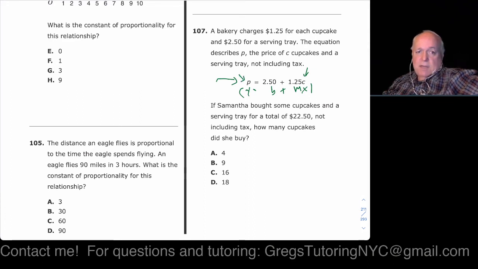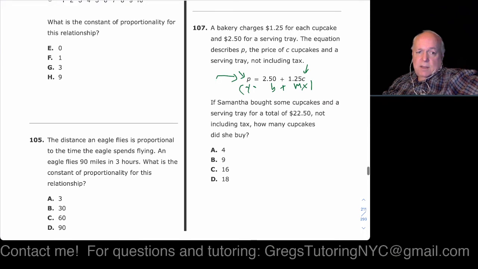A bakery charges $1.25 for each cupcake and $2.50 for the serving tray. Let me change the color so we can write some stuff out and get a sense of the math in English.